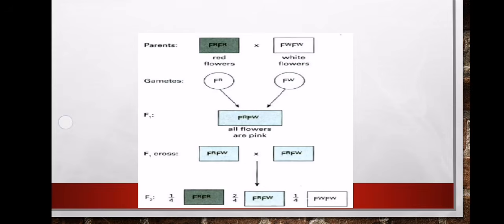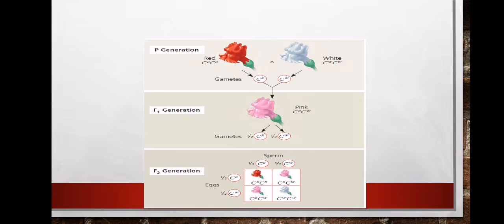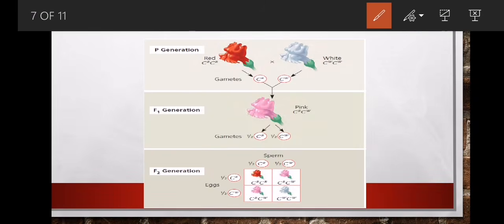What is happening here? We are crossing a red flower with a white flower. Please take note of the alleles that we use here.